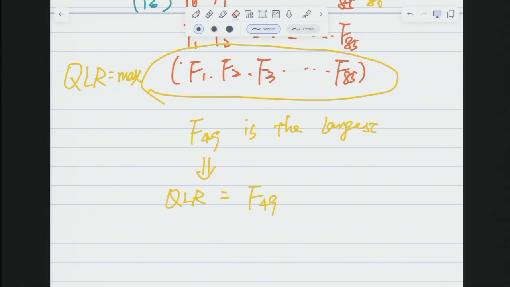It's the same idea: the test statistic has a distribution that depends on the significance level and the number of restrictions, so you need to search for the row that corresponds to the correct number of restrictions you are testing.